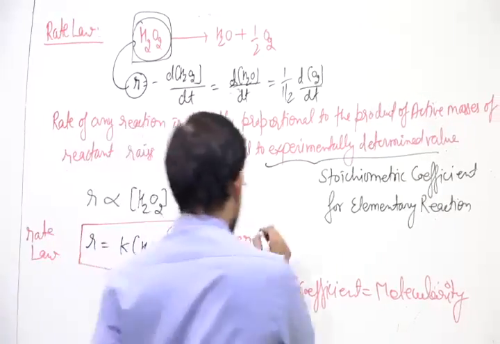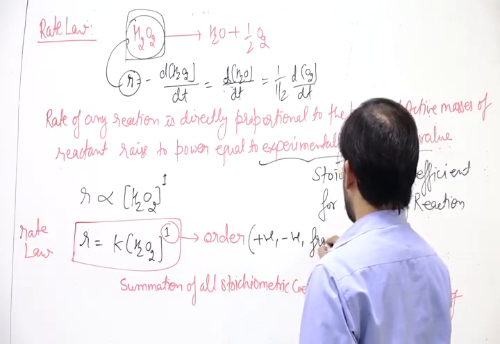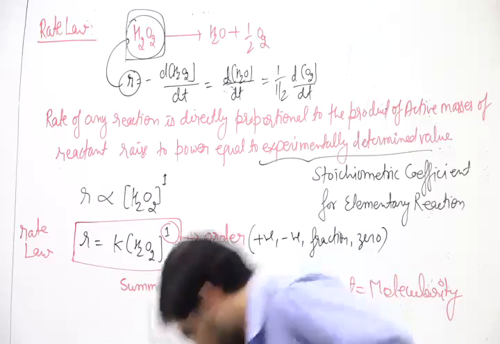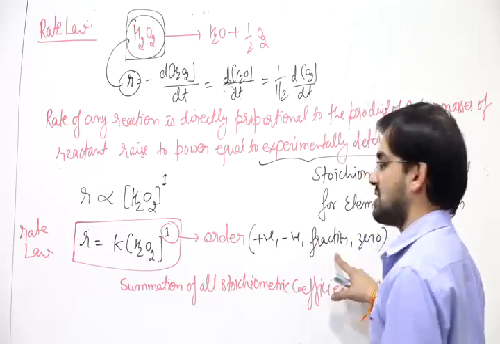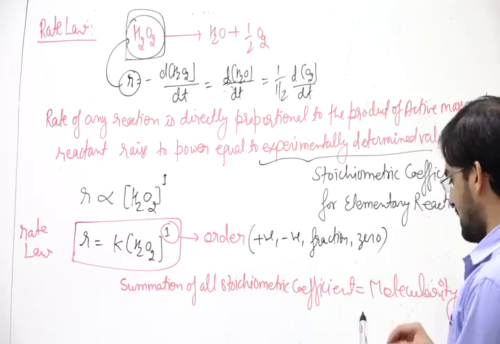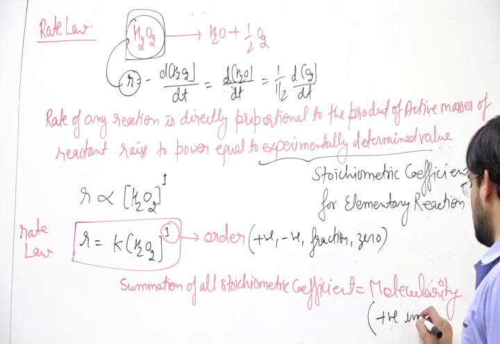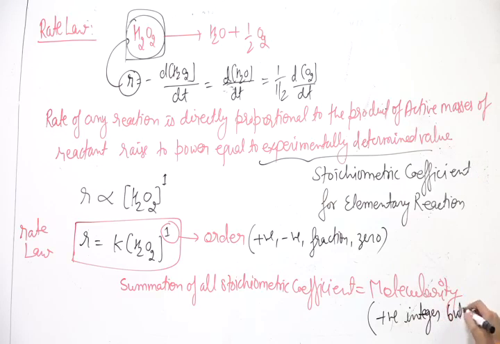The point here is that order can be positive, negative, fraction or even zero, whereas molecularity will always be a positive integer, but not greater than 3.